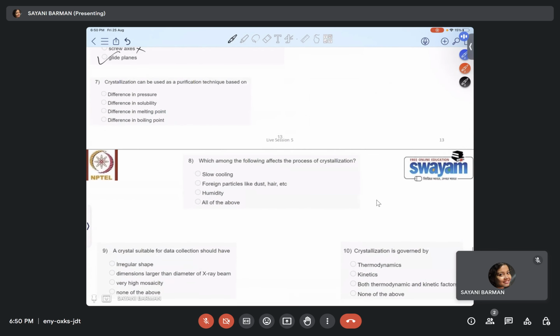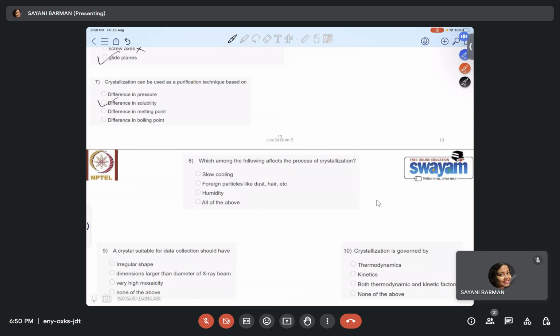Now the next one: crystallization can be used as a purification technique based on difference in pressure, difference in solubility, difference in melting point. So the answer is difference in solubility.